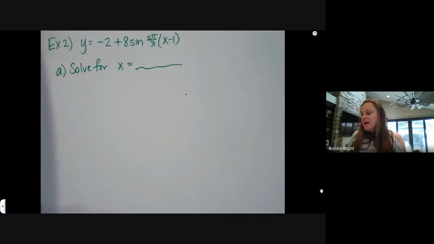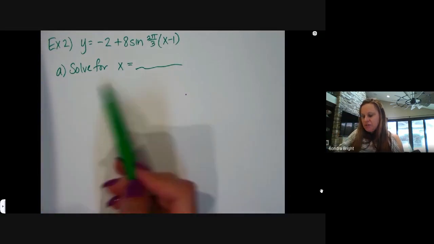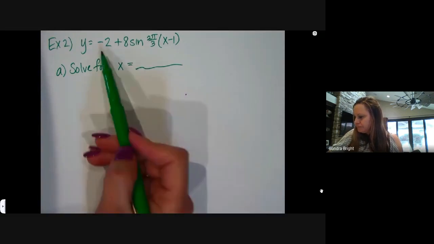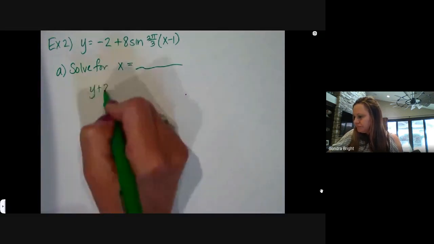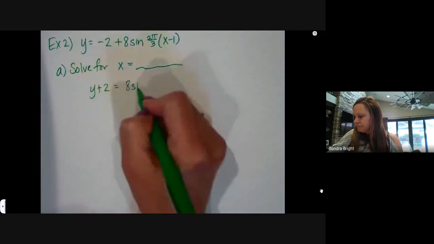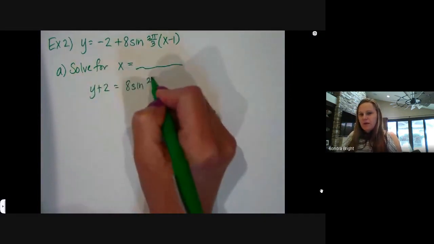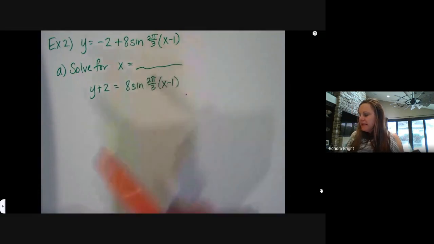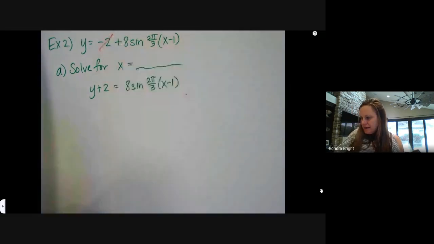Okay. All right, so we're going to solve for x equals everything else. So first step, add the 2 over. And so I've gotten rid of the 2 there, took care of that one. Next step, divide by 8.